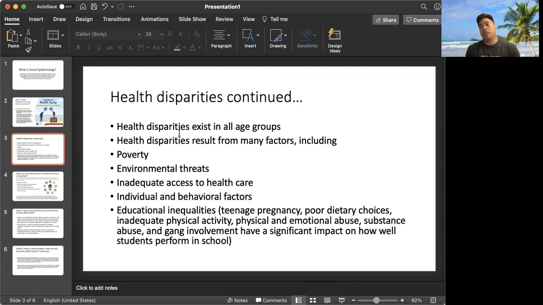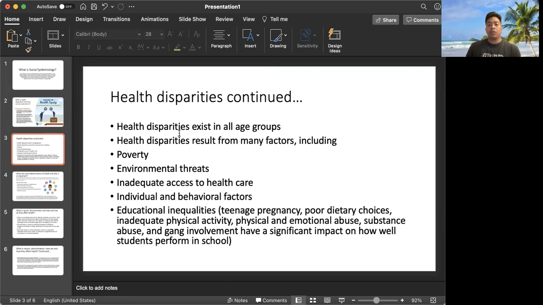Someone who lives near a busted pipeline who has to inhale those fumes, that's a health disparity. Someone who has inadequate access to health care. An example is someone who is turned down for treatment because of the color of their skin or their sex or their sexual orientation.